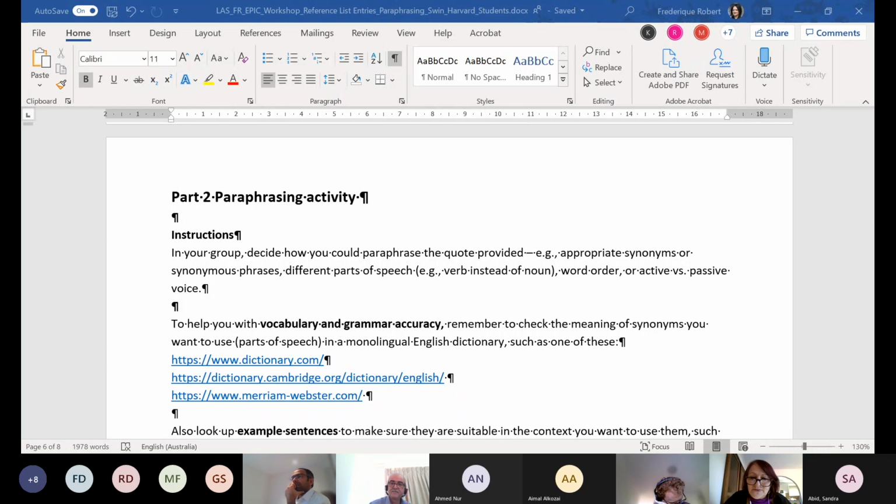I know you've done some of that with Ashley already, but Adam asked me to also do some with you. I've got some instructions there, and you've all got the document. It's just to get you started to think about how you would paraphrase the quotes that I've put there, direct quotes, into your own words.